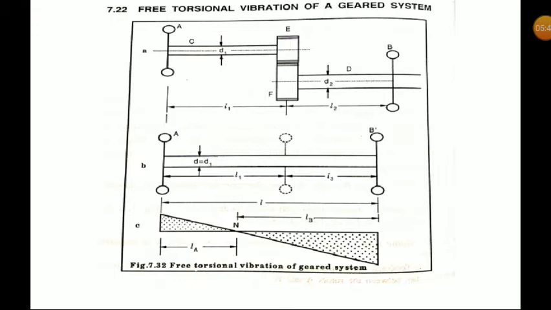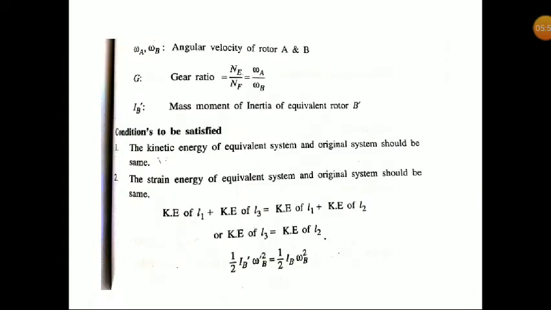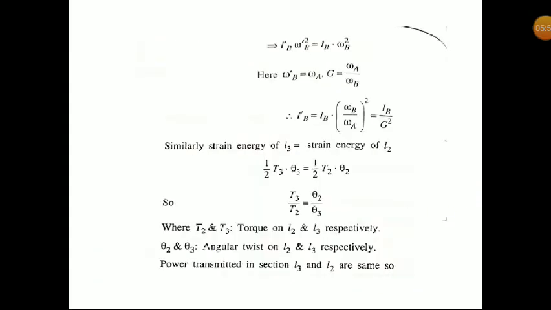In case of two rotor system, the angular velocity of both the rotors will be equal. So omega b dash will be equal to omega a. That is, in case of equivalent shaft, both are equal. And g is omega a by omega b. That is also clear.